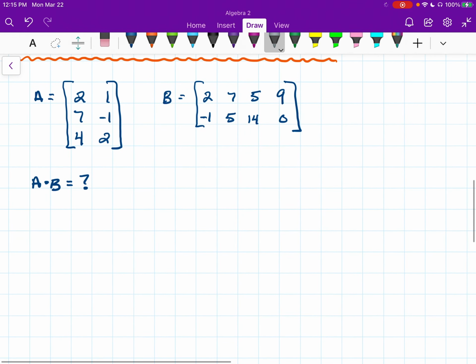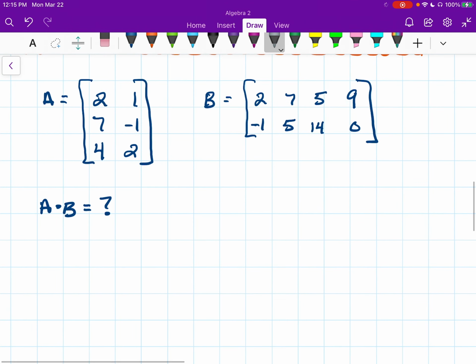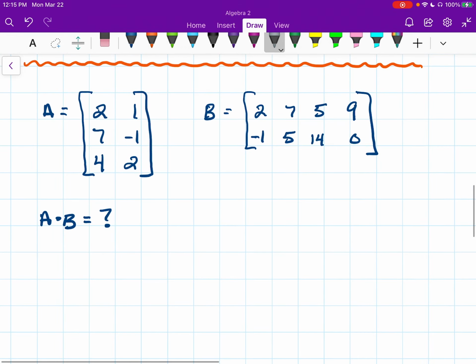Next up, another multiplication. We have A and B here. Starting off, we need to decide, can we multiply these? The first one is a 3 by 2, 3 rows, 2 columns.